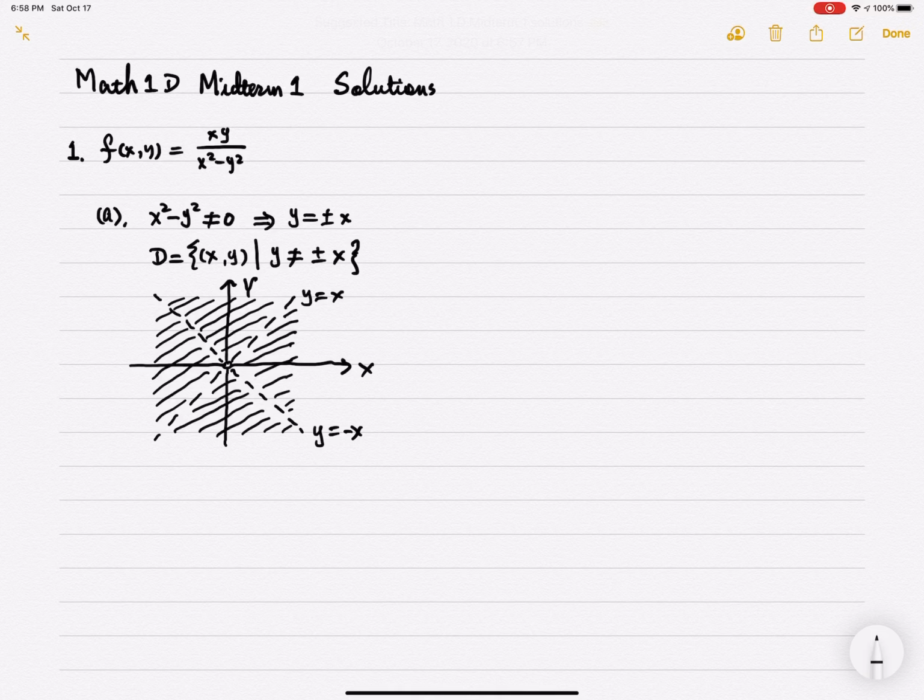That means everything else except on the two lines. That's the domain, so that's the graph.